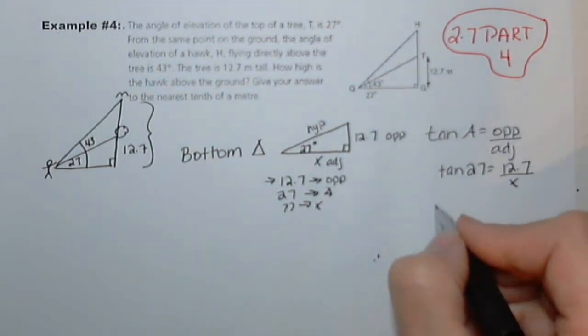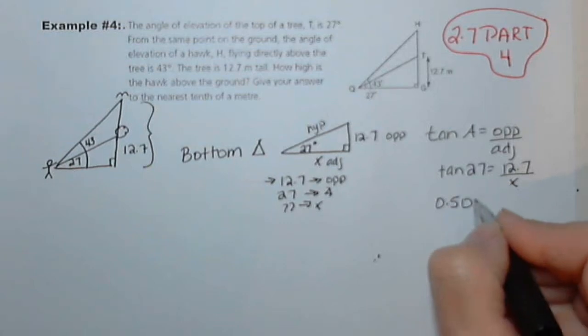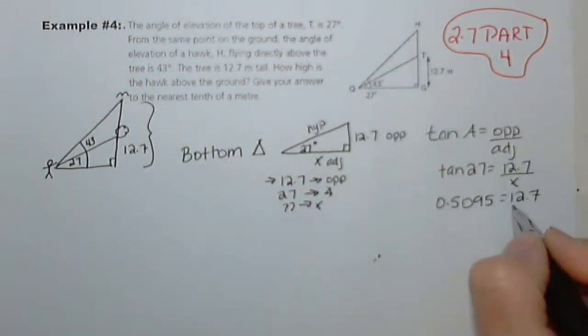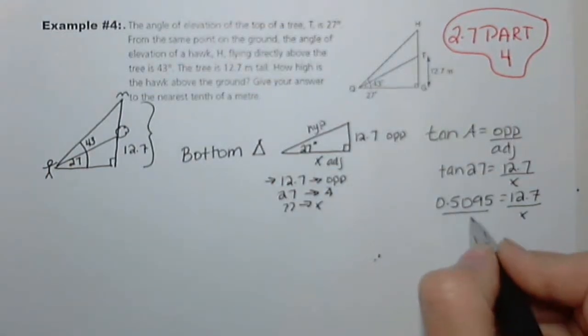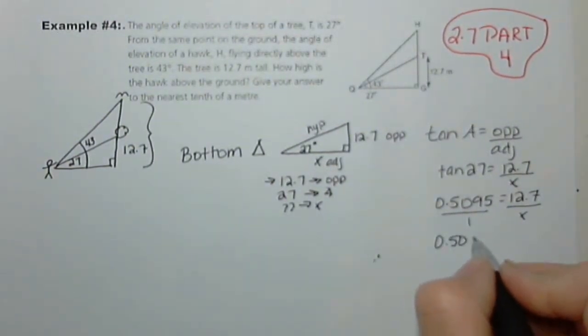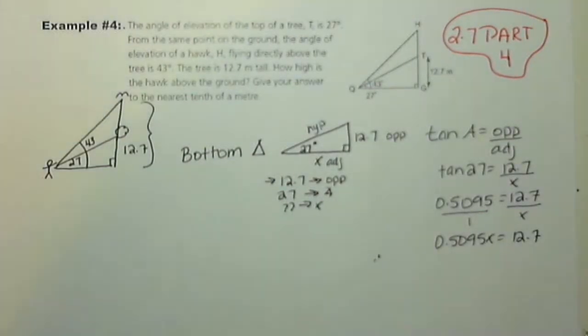The tan of 27 is 0.5095, which is equal to 12.7 over X. Put this over 1 and cross multiply. 0.5095x is equal to 12.7.